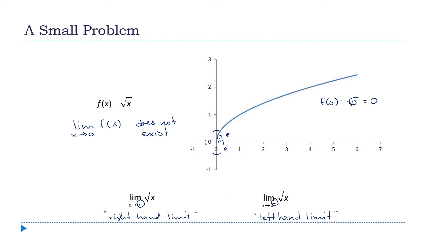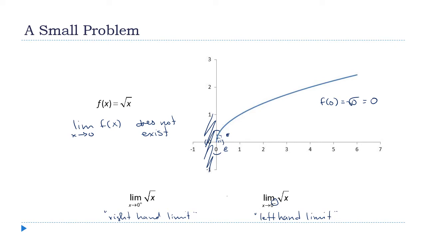To evaluate the right-hand limit of a function at a point, you're only going to look at the values on the right-hand side of that point. So to come up with this limit here, as x approaches 0 from the right, I'm going to completely ignore negative numbers, completely ignore the numbers over here on the left side and only look over here on the right.